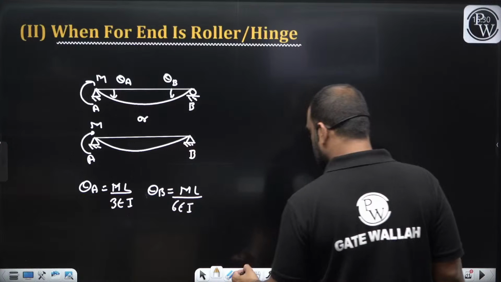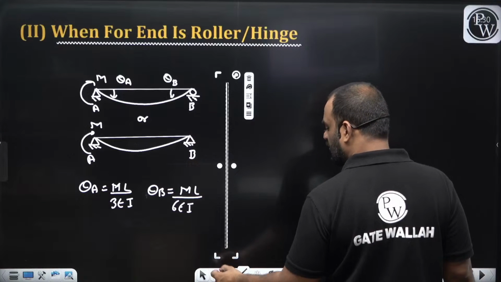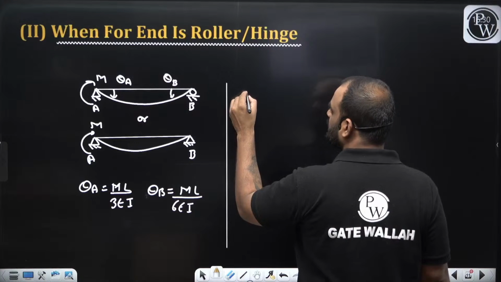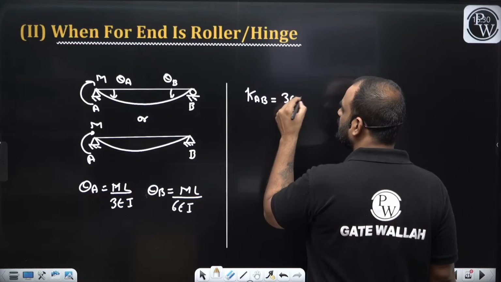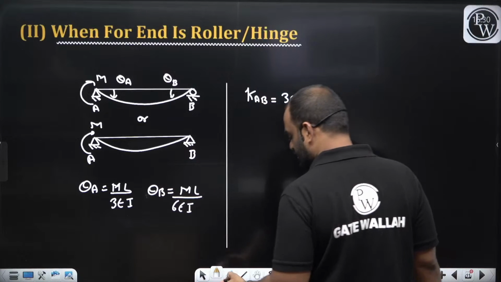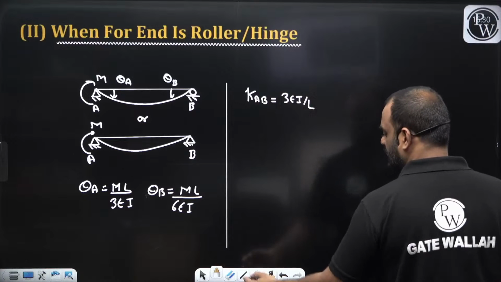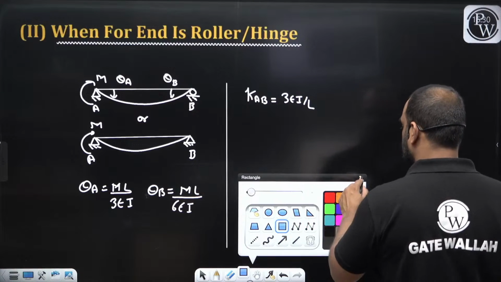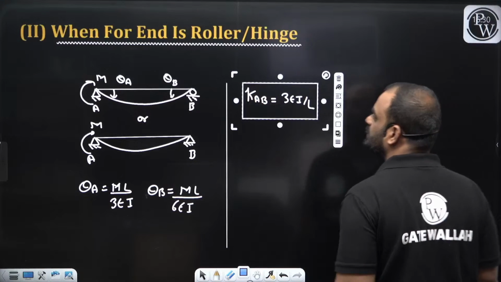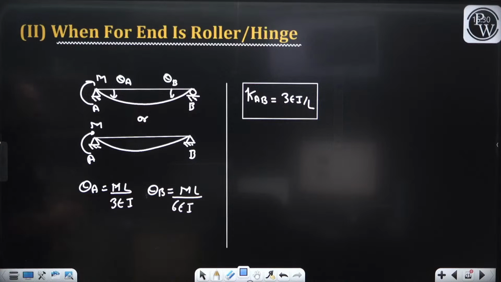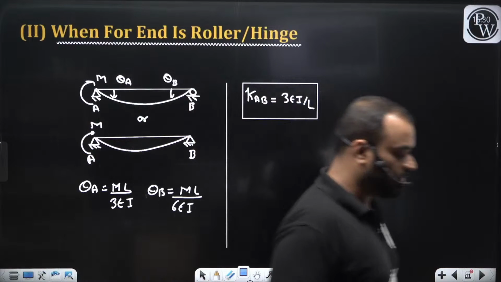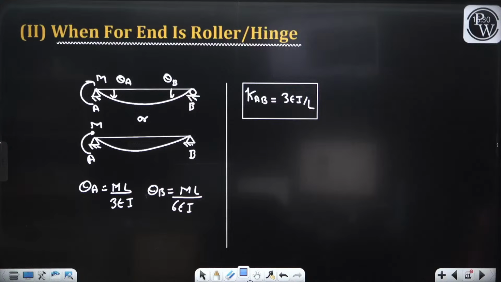Now the question is, sir, what is the stiffness when the far end is roller or hinge? So guys, in this case, the stiffness for A to B is equal to 3EI by L. Please remember this. 3EI by L is the stiffness. I hope it is crystal clear to all of you how to get the value of stiffness when the far end is hinge also.